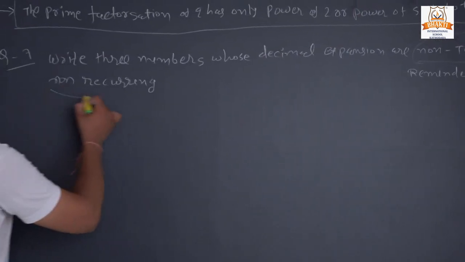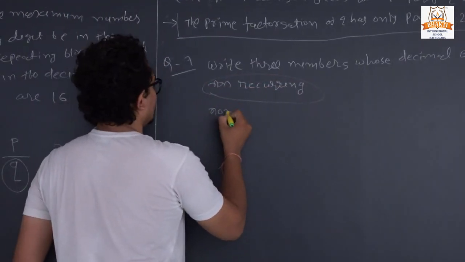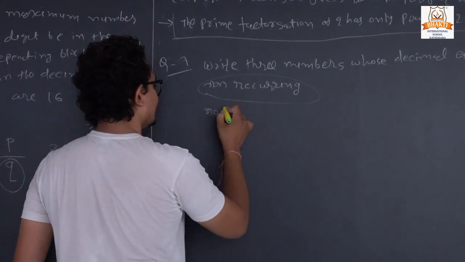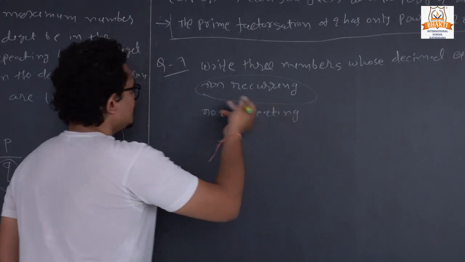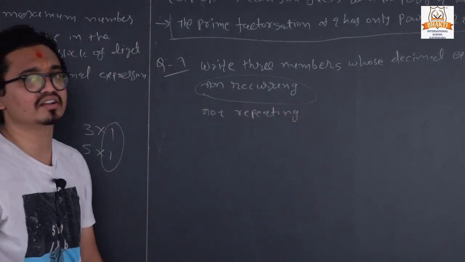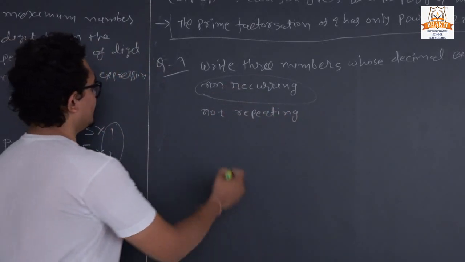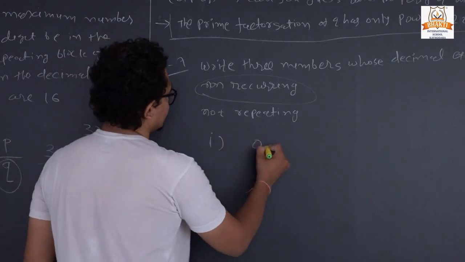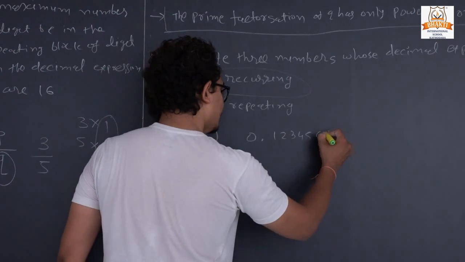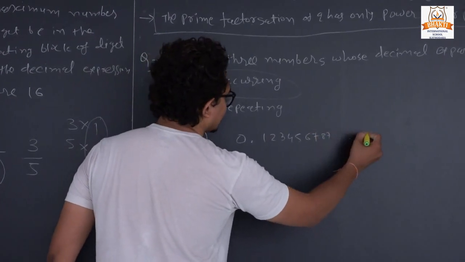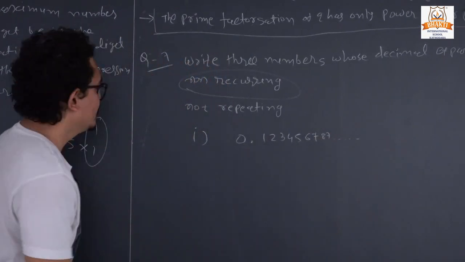And non-recurring means not repeating. So we need to write 3 examples. You can take any 3 examples like that. First, 0.123456789 like that. It will be continuous.